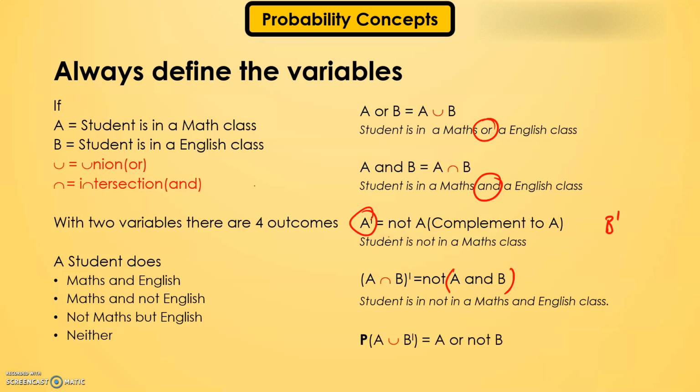Here we've got the union of A and the complement of B. So it's the probability of a student is in a maths class and not an English class. So it might be worth revisiting this page again, because there's quite a lot on there and it might seem a bit confusing at the moment.